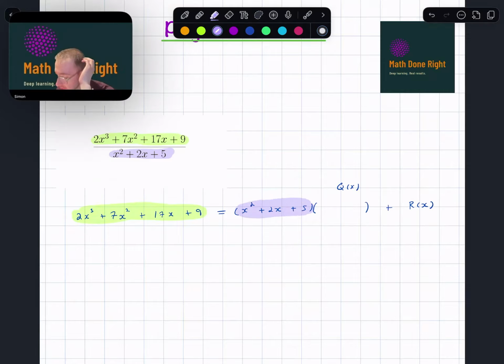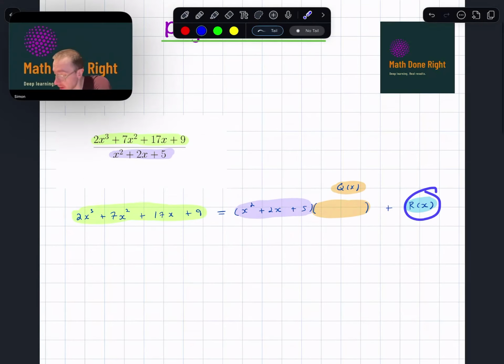Technically, when it's a constant, that still can be thought of as a function of x. It's just a constant function of x, but it doesn't have any x's in it. So we just write it as r because it's in the real numbers. But with this one, it could definitely have an x in it.